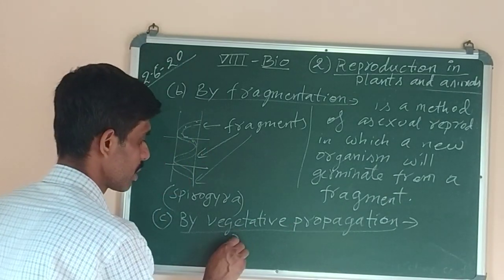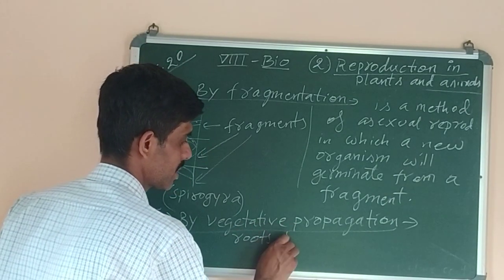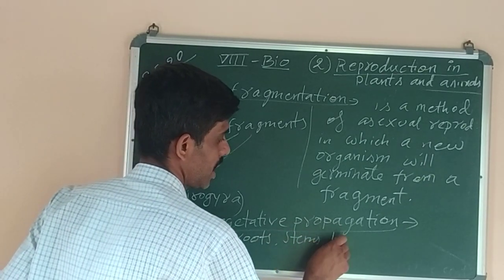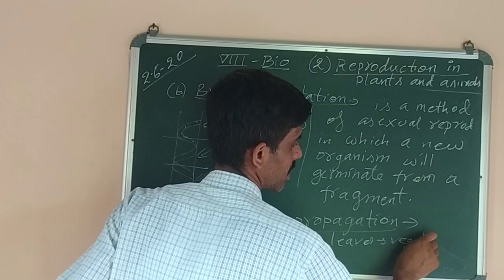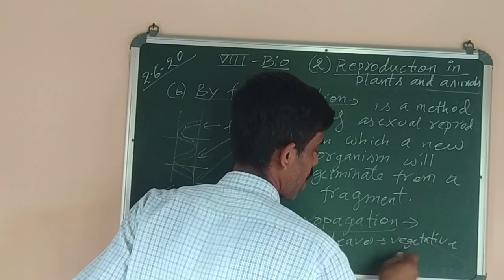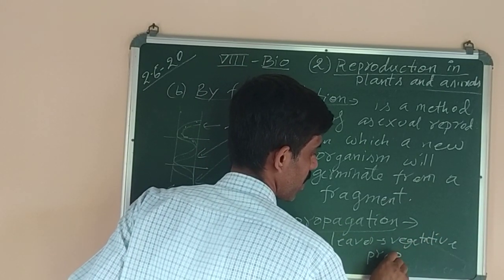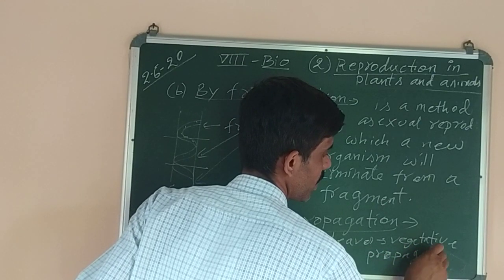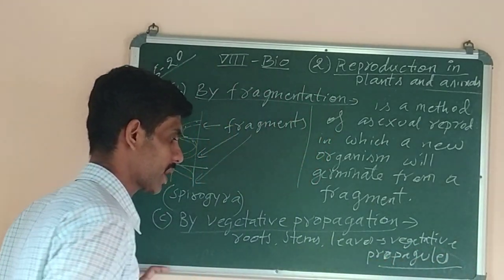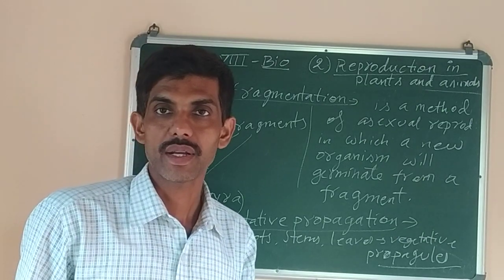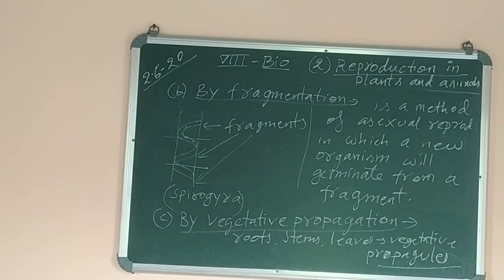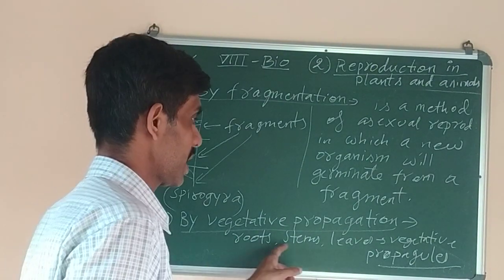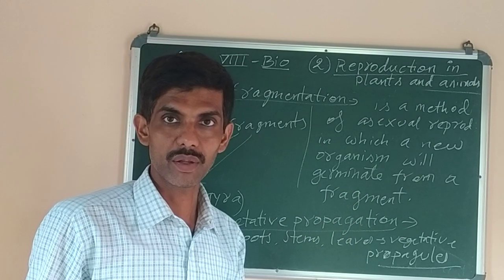Vegetative parts means roots, stems, leaves. They are called vegetative parts. Vegetative propagules also, P-R-O-P-A-G-U-L-E-S. What is vegetative propagules? Those part of the plant which can germinate into a new plant is called vegetative propagules. So roots, stems and leaves are called vegetative propagules.